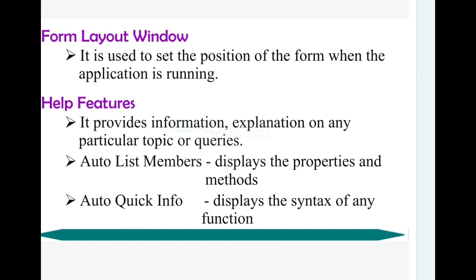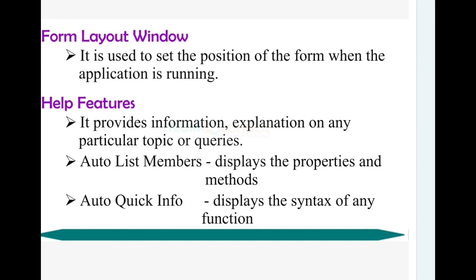And auto quick info displays the syntax of any function. Auto quick info is a very great feature in Visual Basic. You don't need to prepare the syntax for any programming statement in Visual Basic. In other programming languages, we have to frame programming statements as per the syntax, but here we have auto quick info. Using auto quick info, we can make any programming statement without knowing the syntax of the related statement.